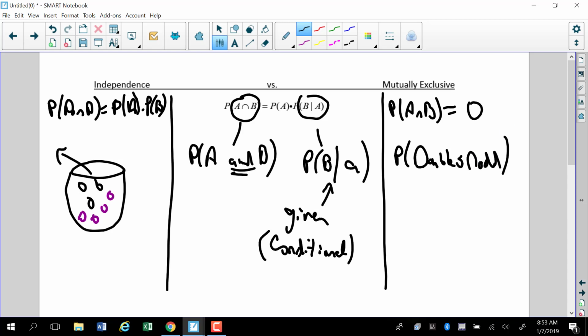Are there any doubles that are also odd numbers? A 1 and a 1, a 2 and a 2. When you add them up, the sum is not going to be odd. So this is an example of something that can't happen. They're mutually exclusive, which means these two things cannot happen. And that's what they mean by mutually exclusive.